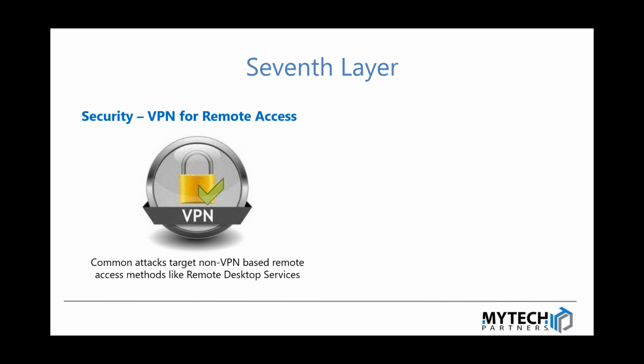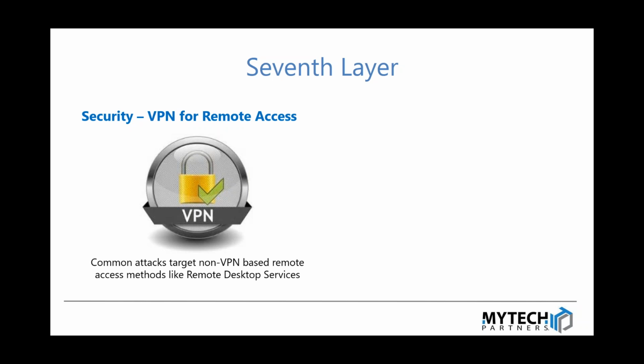But usually what we do in most cases is, remote desktop server is a service that allows someone to connect to a server and remote a desktop, right? We usually don't open that up to the internet by itself. We just don't feel it's secure enough unless it has some other layers in front of it. So one of those layers we use in some instances is a VPN for remote access.